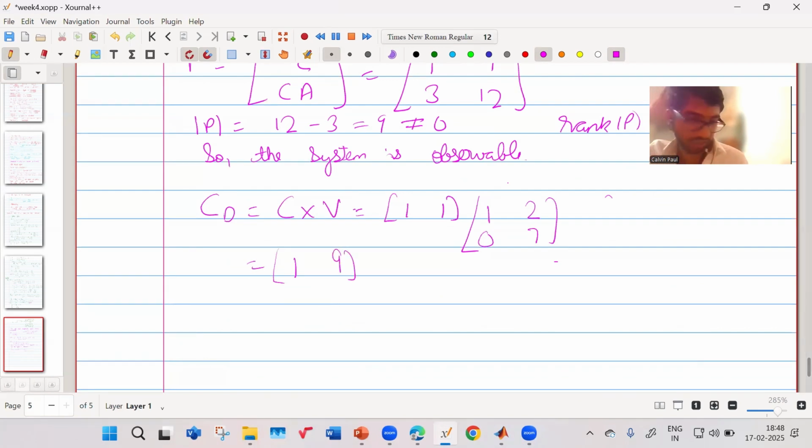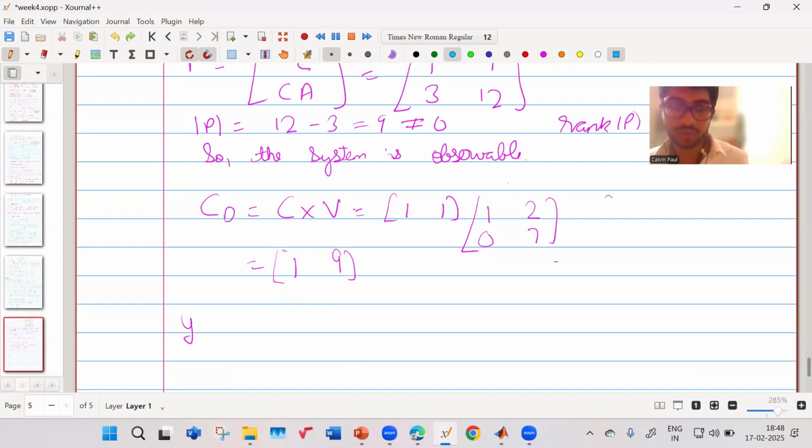So this is the CD matrix. So what is our Y? The Y is dependent on this CD, right?